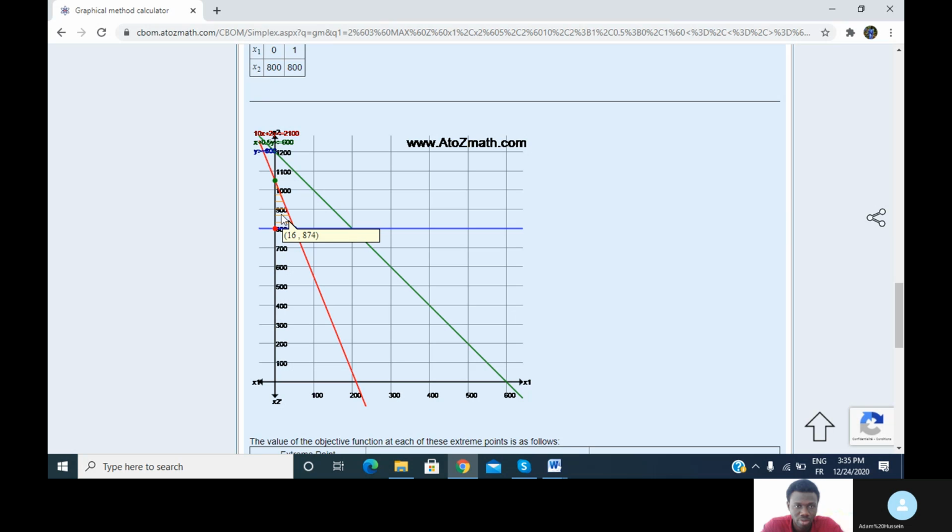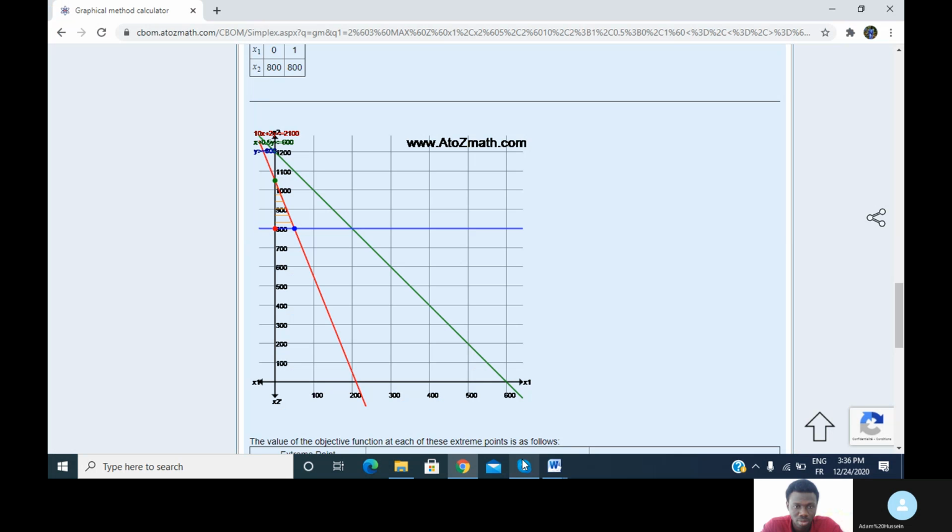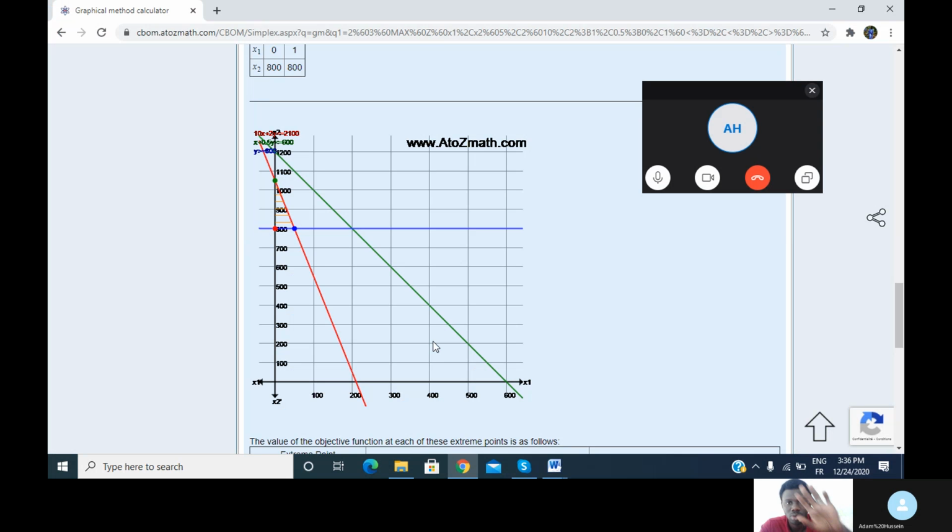This is the feasible area. Those are the points.